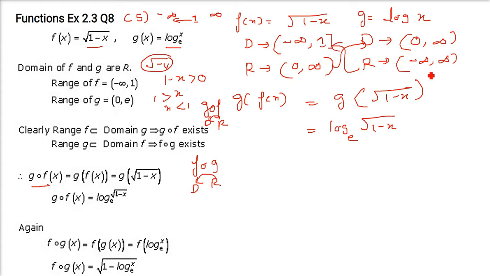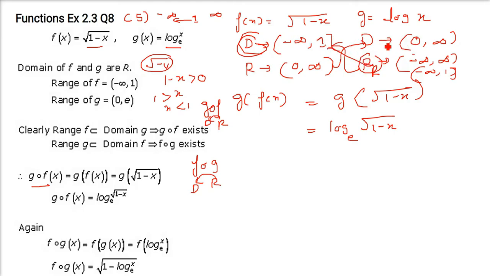No. Negative infinity to infinity is not a subset of negative infinity to 1. So this is not defined for this domain. Only from negative infinity till 1 can we find the value.